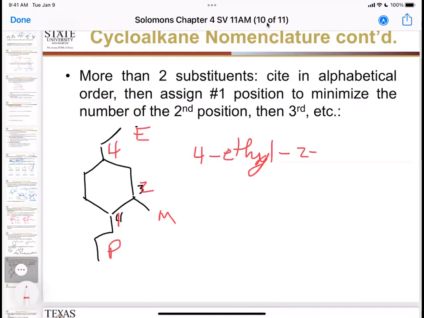Yes, I expect you to do that in the exam. Methyl, dash 1 propyl, cyclohexane.